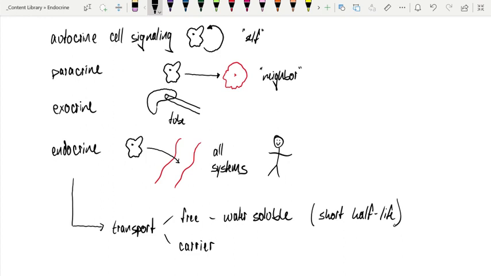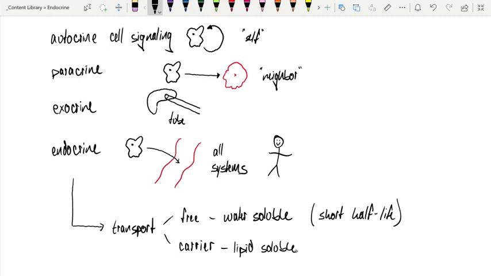But let's take something that's less water-soluble, something like vitamin D. Remember, vitamin D is made from a cholesterol derivative in your skin and is therefore lipid-soluble and requires a carrier. Carriers are simply molecules, some of them proteins, in the blood that help transport hydrophobic structures.